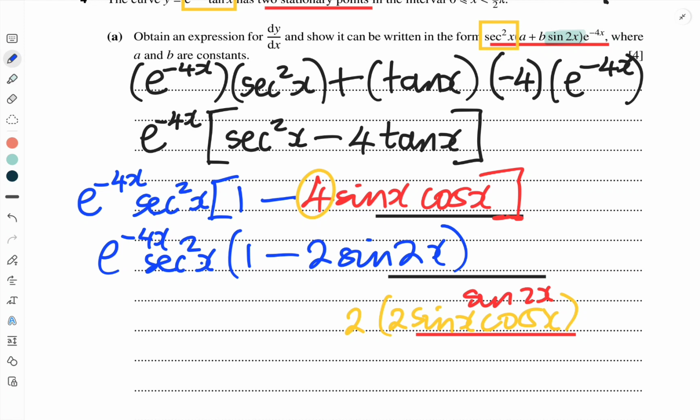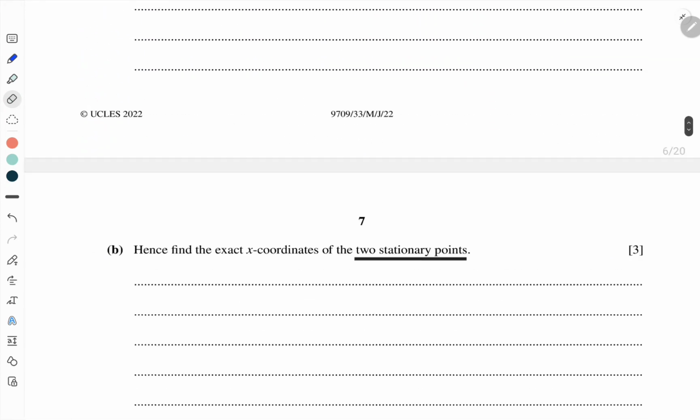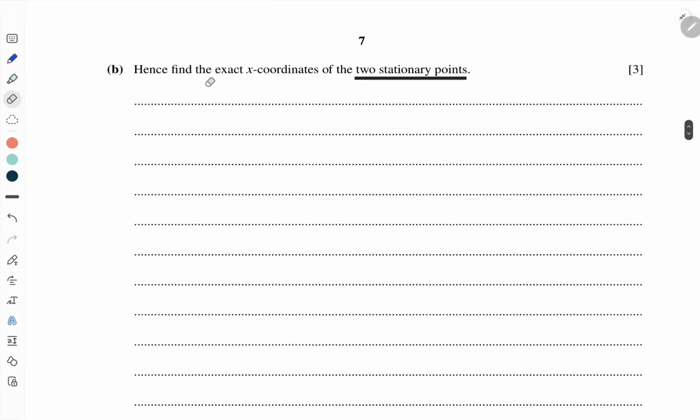Right, now let's take a look at part B of the question, which is saying, hence find the exact values of the coordinates of the 2 stationary points. What's a stationary point? It's a point where your derivative is equated to 0.